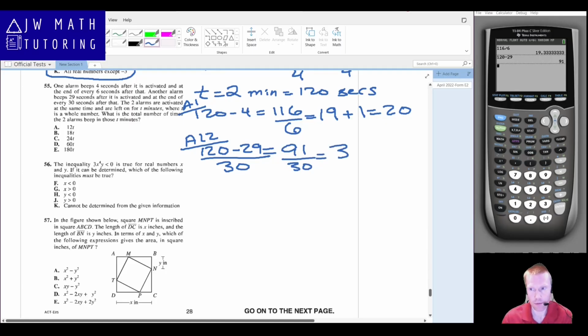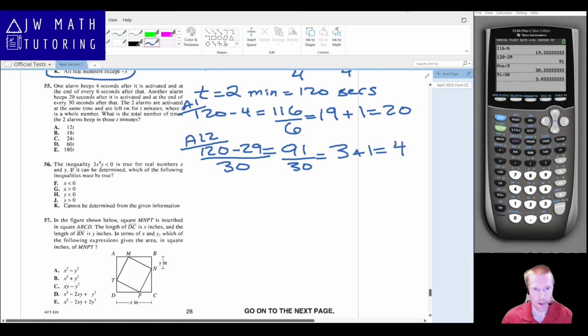This is going to be 3 point something. If you don't recognize that, you can just do it on the calculator. Excuse me, not divided by 3, divided by 30. There we go.